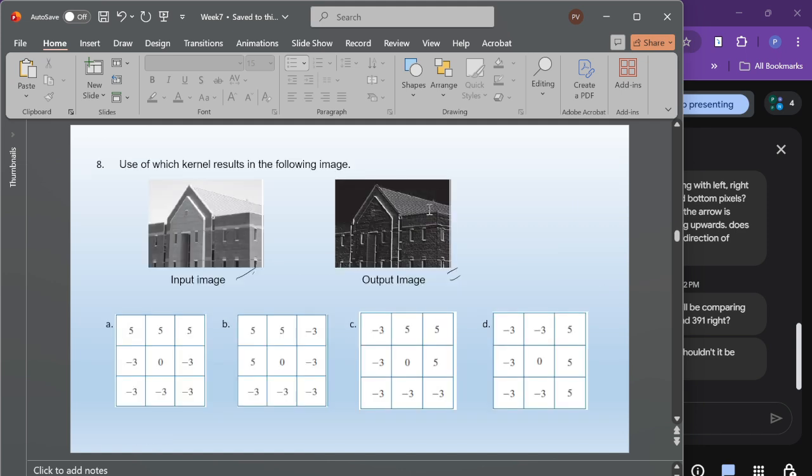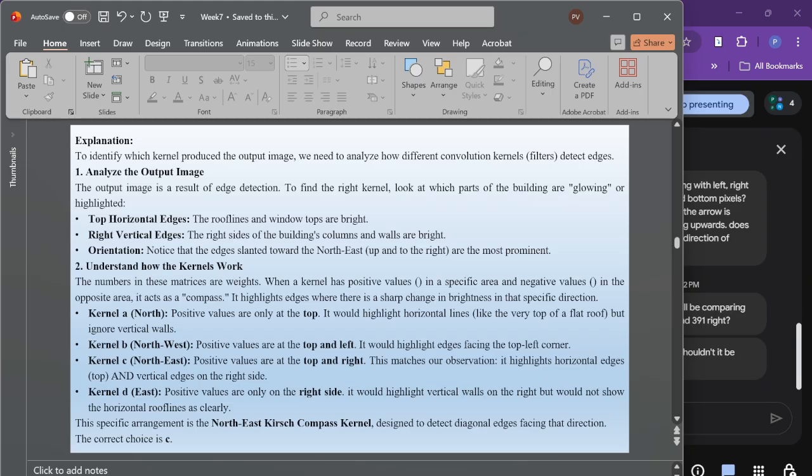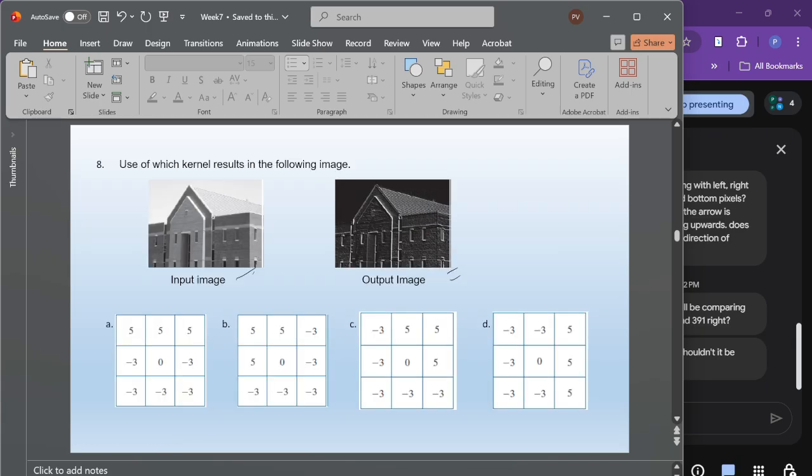So we look into the output image to see which part of the building is highlighted and glowing. If you see this part and this part, these edges are glowing and highlighted. The top horizontal edges, the roof lines and the window tops, are bright, as we can see here.